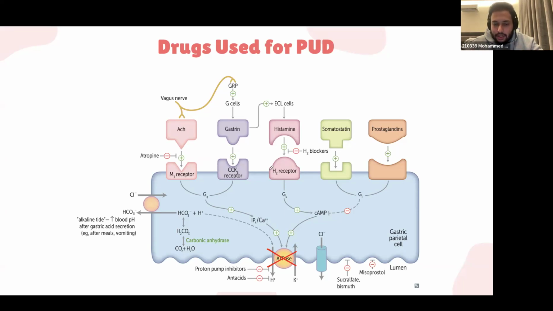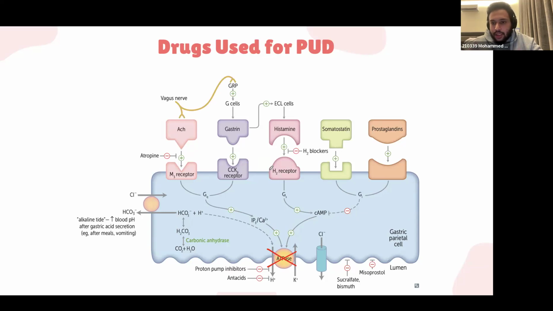Now, these antihistamines have side effects. Number one is drug interactions. It interacts with the cytochrome enzyme, so it affects drug metabolism. Other than that, it can cause drowsiness and so on.